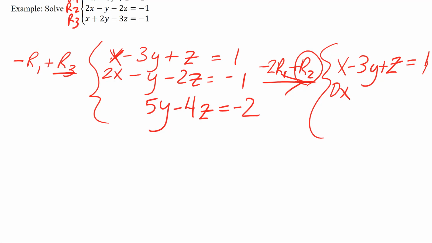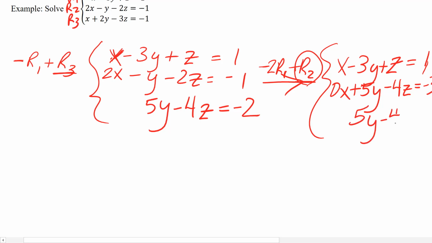Positive 6y minus y is 5y, so plus 5y. Then negative 2z minus 2z is negative 4z. And then negative 2 minus 1 is negative 3. And the third equation stays the same. All right, so we have eliminated the x term from the second equation.